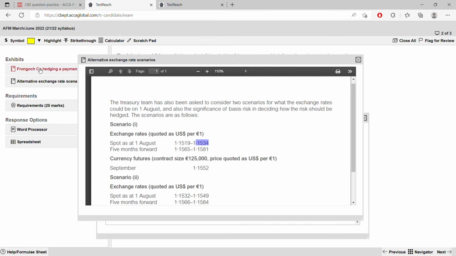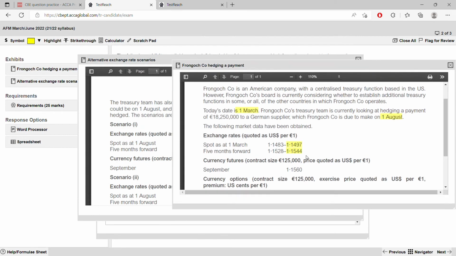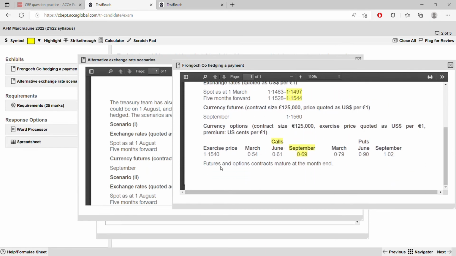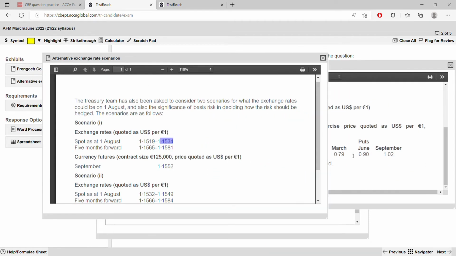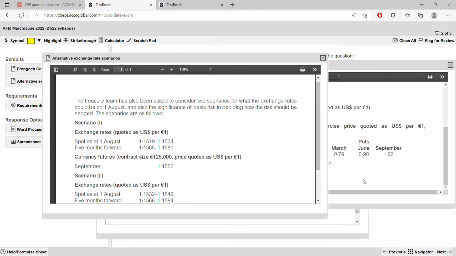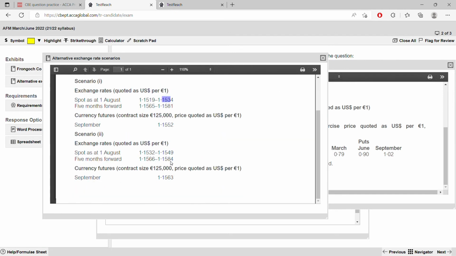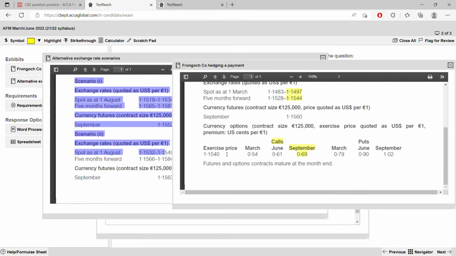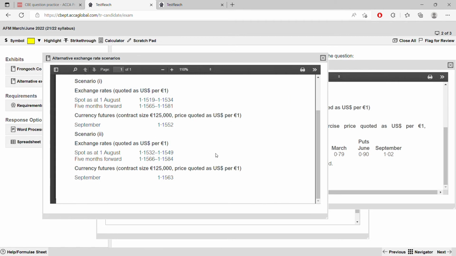If you compare this with part A, the exercise price was 1.1540. Here in scenario 1, the spot is less than the exercise price, so you will not exercise the option. But in scenario 2, your spot rate is more than the exercise price, so you will exercise the option. That's why it will be the same as part A. Only your future will change in the second scenario.